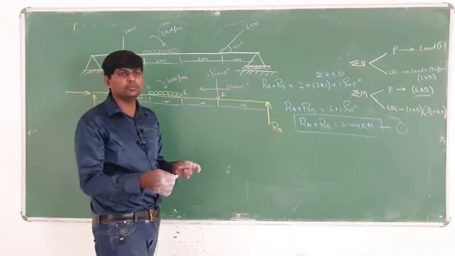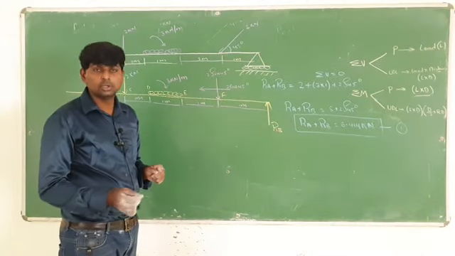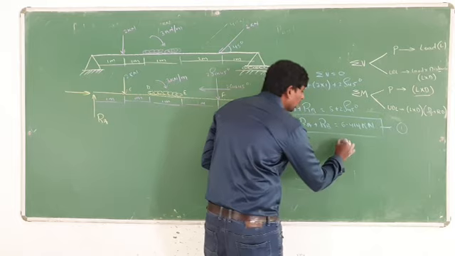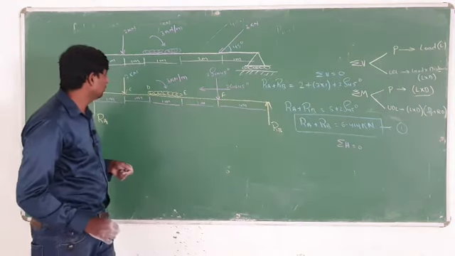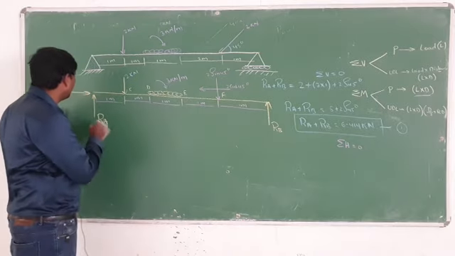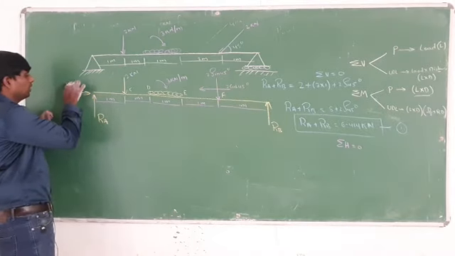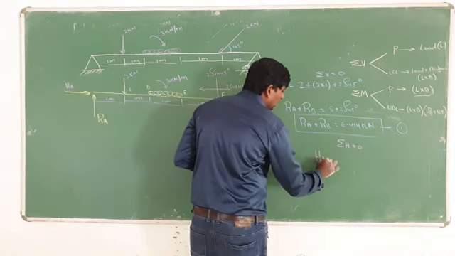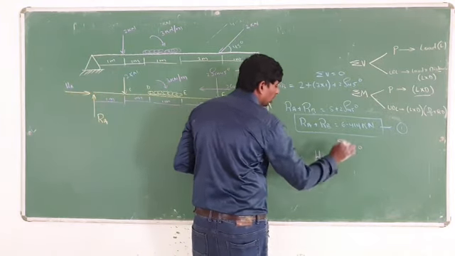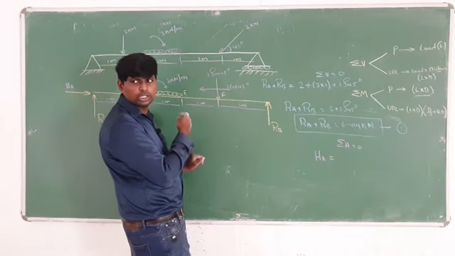If you want, you can find the sum of horizontal forces. It's up to you. Sum of horizontal is equal to 0. How many right side forces are going? 0. HA is there now. This one you have to consider as A point, so HA. Any other force going? No. Equal to how many left side forces are going? 1.